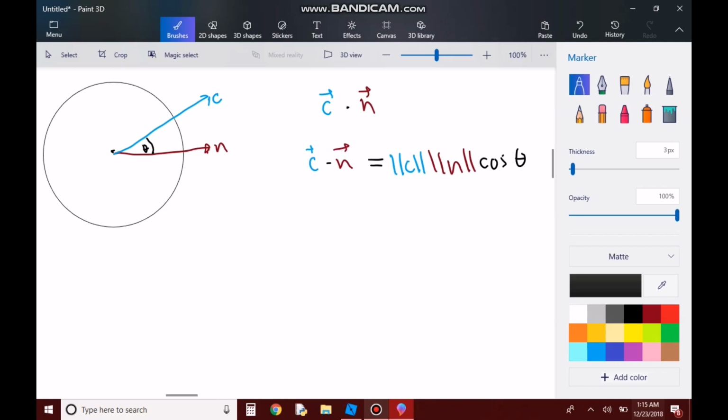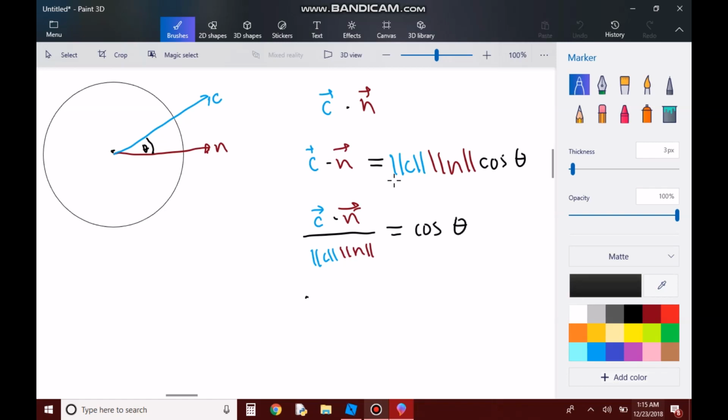So we're looking for theta in this case, so we can divide the magnitude of C and the magnitude of N on both sides, and we'd get C times N divided by the magnitude of C times the magnitude of N equal to cosine of theta.